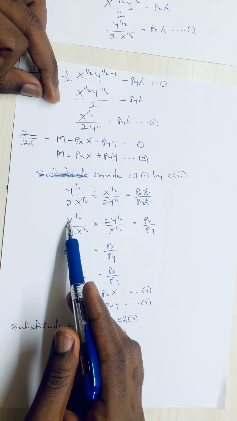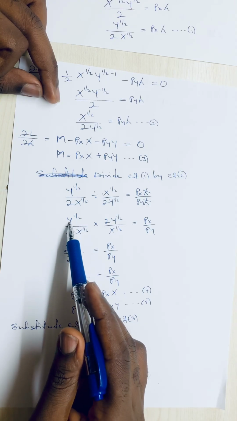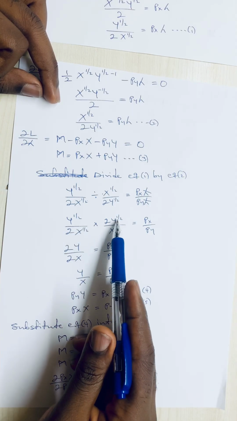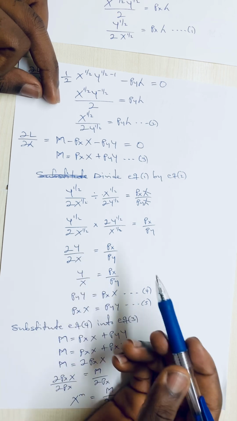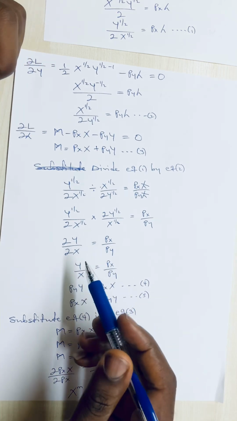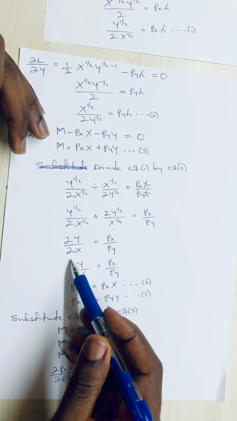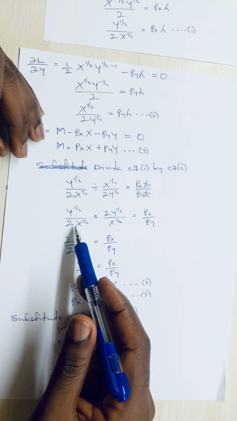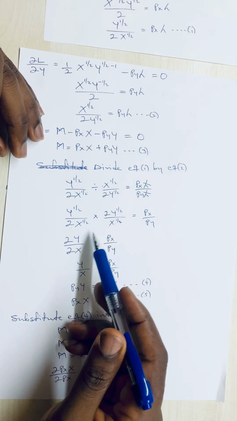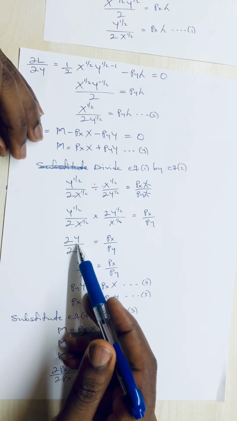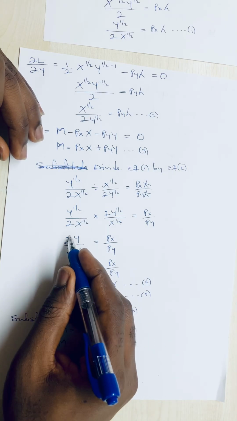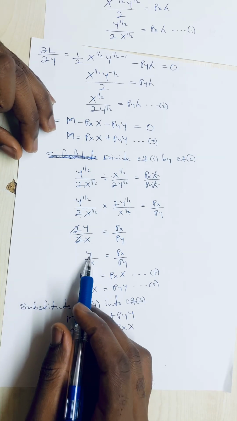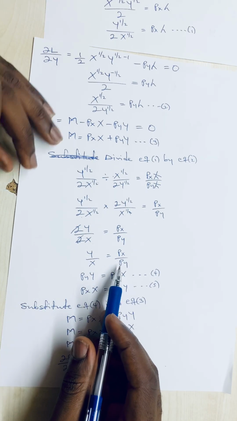Y times y^(1/2) is y to the half plus half, which gives you y. Divided by 2x, the same applies. So we have 2y over 2x equals PX over PY. The 2 cancels 2, and it remains y over x equals PX over PY.